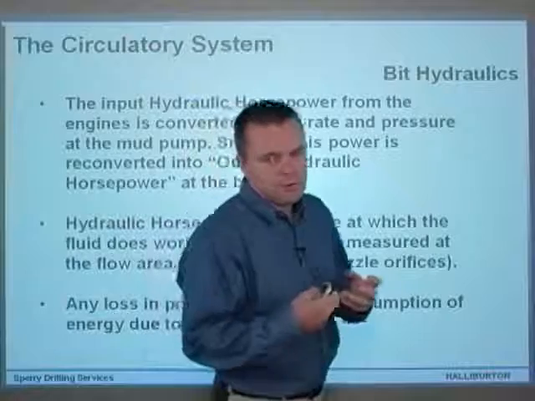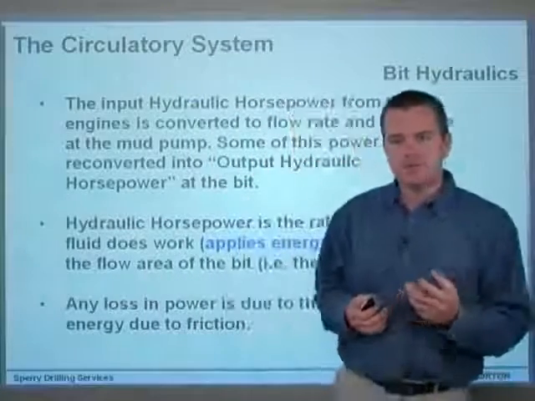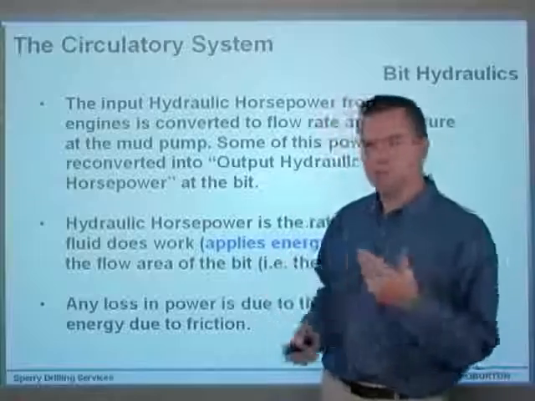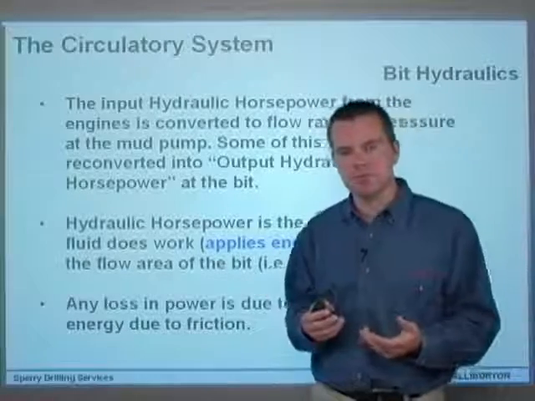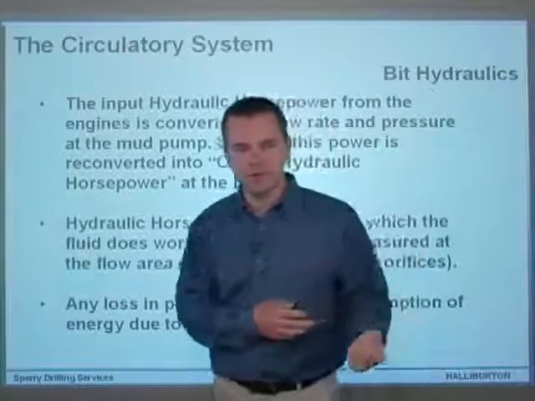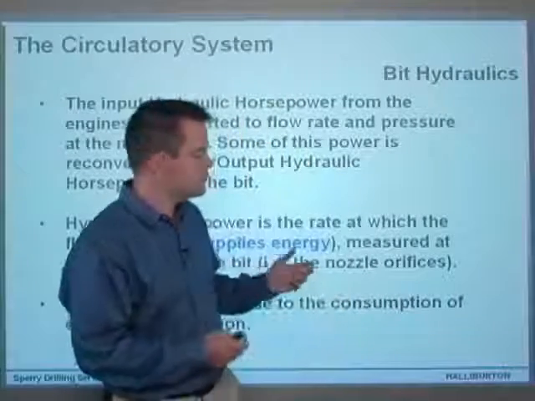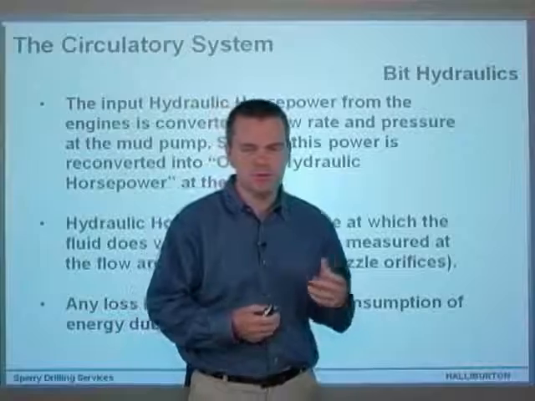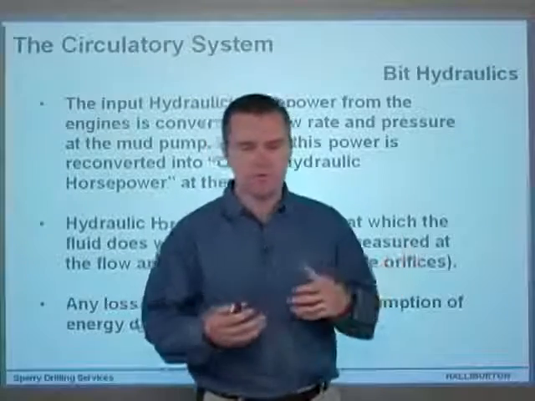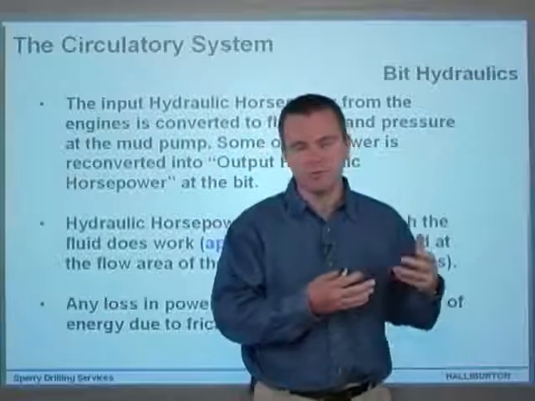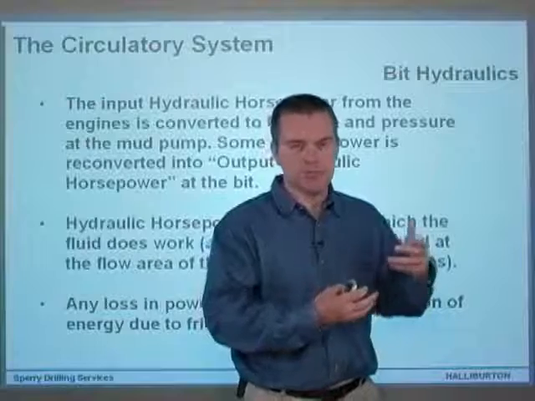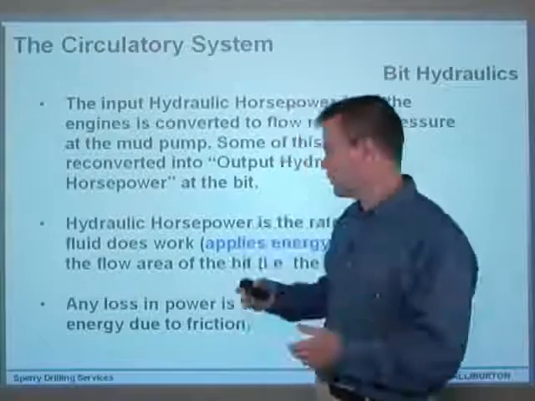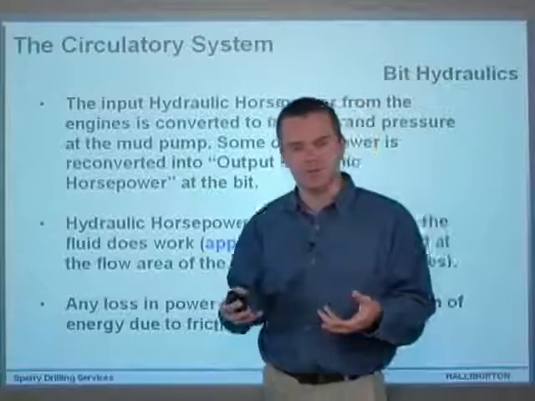So basically the input of hydraulic horsepower from the engines is converted to flow rate and pressure at the mud pump. And some of this power is actually reconverted into output hydraulic horsepower at the bit. And the hydraulic horsepower is the rate at which the fluid does work. If you remember back to the definition of energy, or work rather, it's basically then the rate at which it actually applies energy. And that's measured at the flow area of the bit, or basically the nozzle orifices.